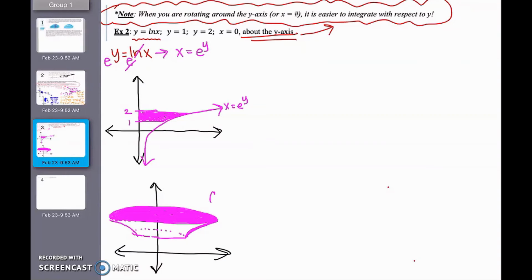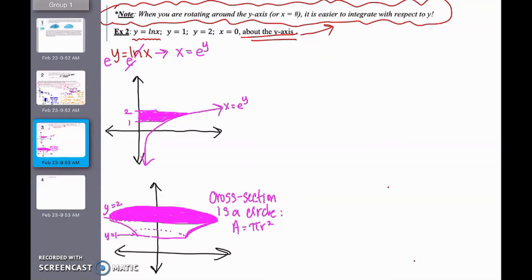So once again, I know that my cross section is a circle, and I know that the area of a circle is pi times the radius squared. So then we just have to decide, well, what is our radius? And again, we know that this right here is y equals 1, and this right here is y equals 2, right?